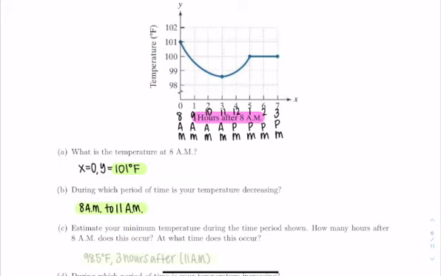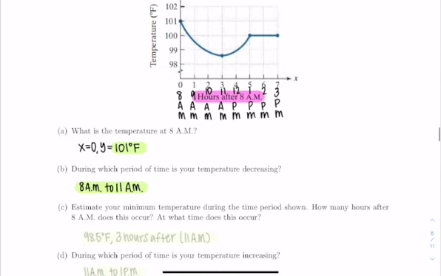Let's estimate your minimum temperature during the time period shown. How many hours after 8 a.m. does this occur, and at what time does this occur? So the minimum is going to be the lowest point on the graph, and we want to estimate it. And so the lowest point on the graph is where x is equal to 3, and it's in between 98 and 95.